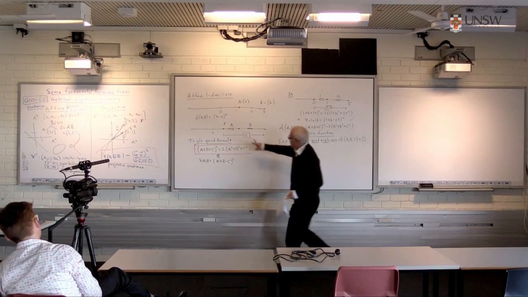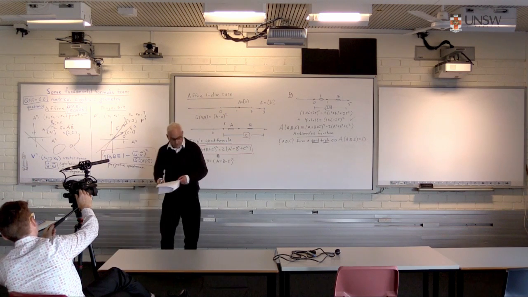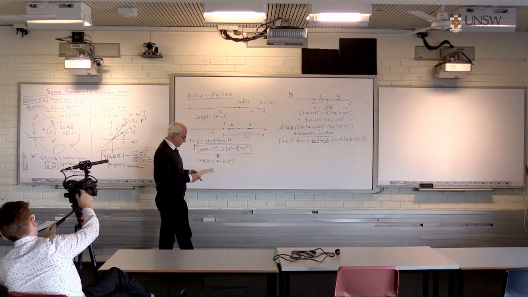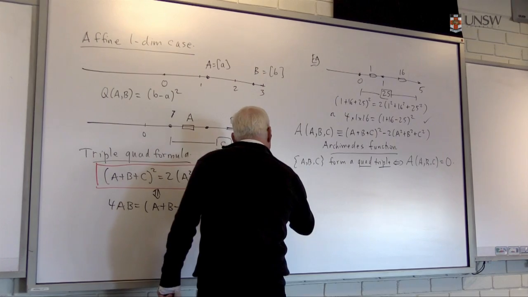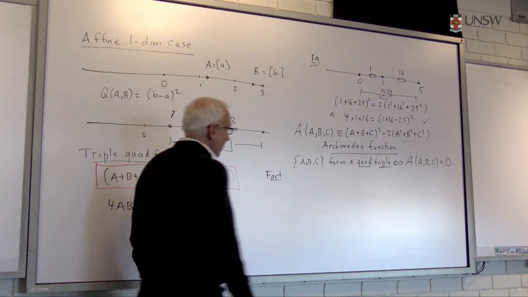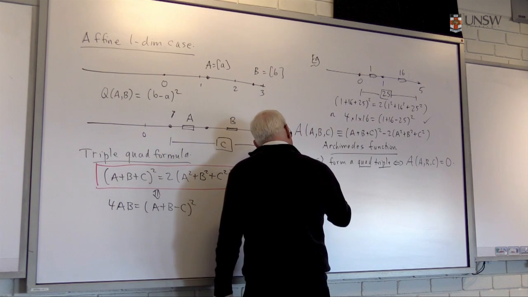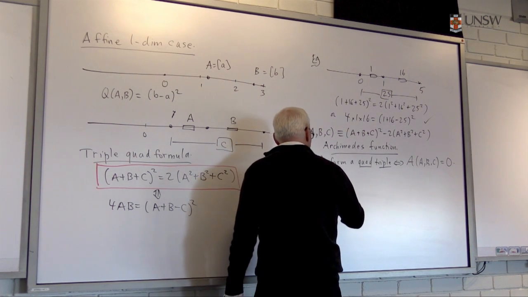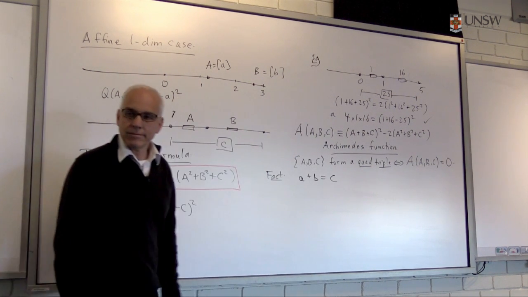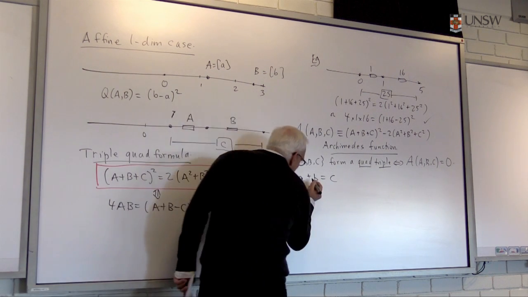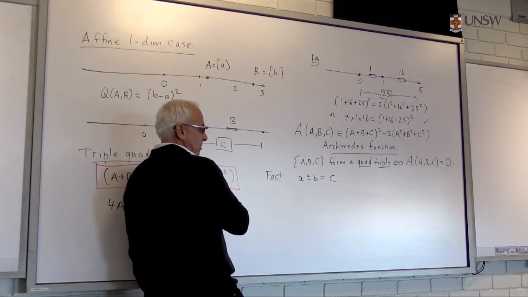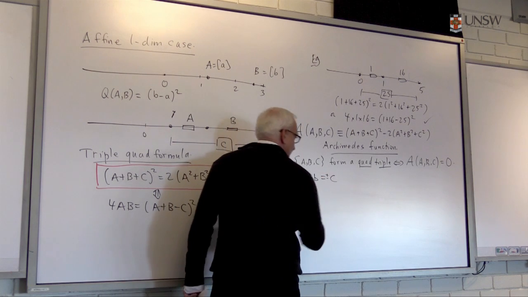Okay, so let's first of all see why the triple quad formula is true. One way of seeing it is that it follows from the following fact. If we have 3 numbers such that a plus b equals c, and in fact, let me be a little bit more general, let's say that a plus or minus b equals plus or minus c.